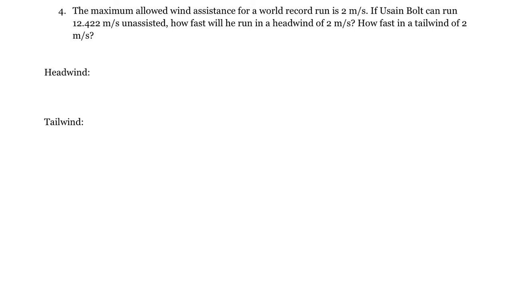So let's go ahead and draw this scenario, starting with the headwind. So this is Usain Bolt, and he's going to be running to the right, typical Usain. Okay, he's running to the right, 12.422 meters per second.